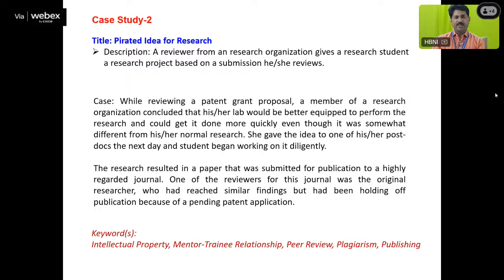And in peer reviewing also, the ethical standard has not been followed, because during peer review, the first point is we have to maintain the confidentiality. And here they have committed plagiarism also, because he has taken the complete idea and done the research quickly before the actual patent has been published. So this type of ethical practice we have to avoid during our research.